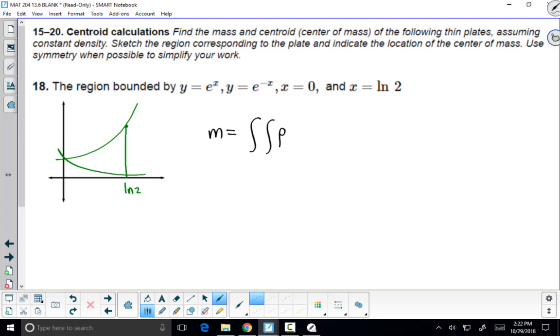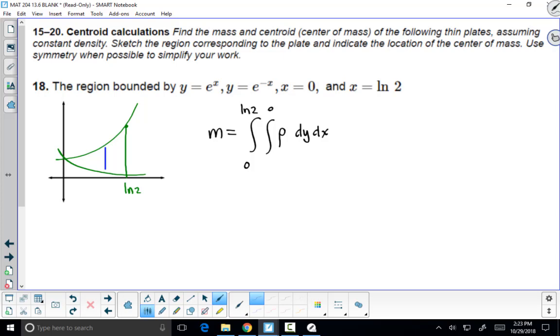So how do we find this? Well, vertical or horizontal element for area? Definitely vertical. And then we are going to have dy dx for a vertical element. X's are going from 0 to natural log of 2. And how about the y's? E to the x on top.